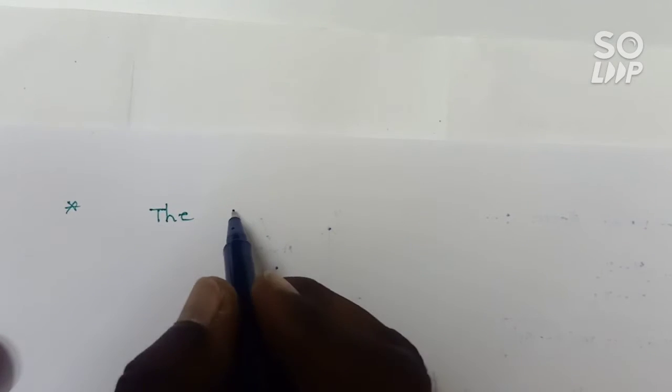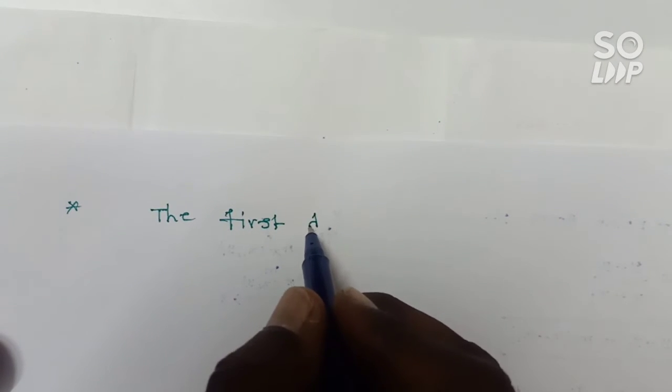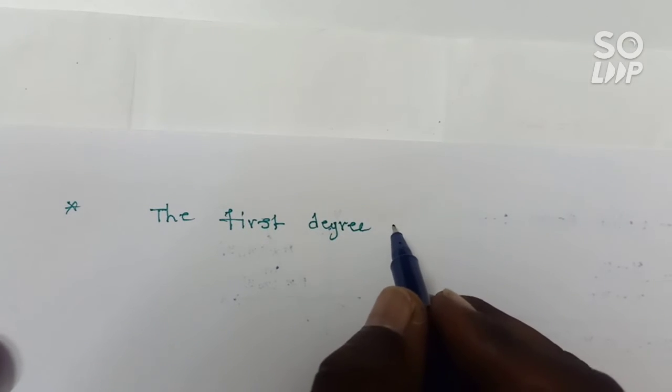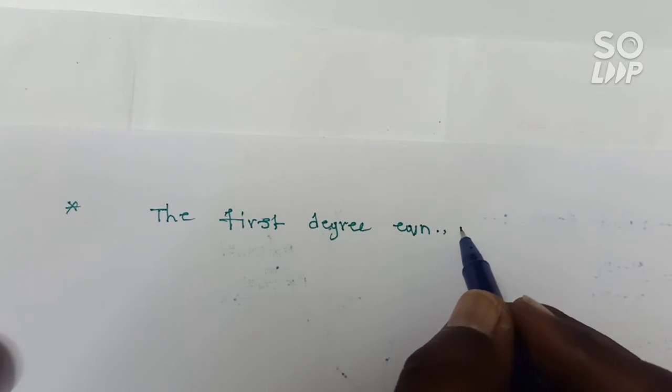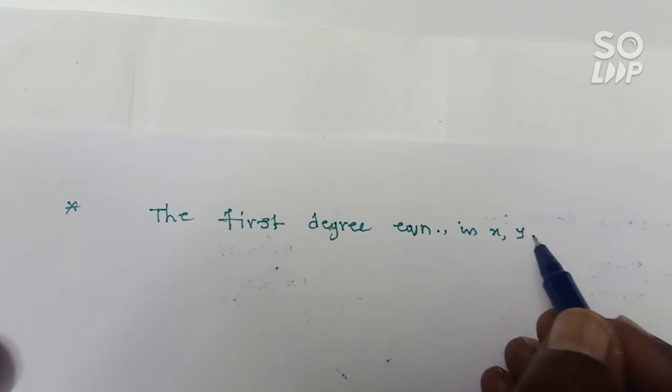What is the standard form of the straight line? Standard form of the straight line means the first degree equation in x comma y.